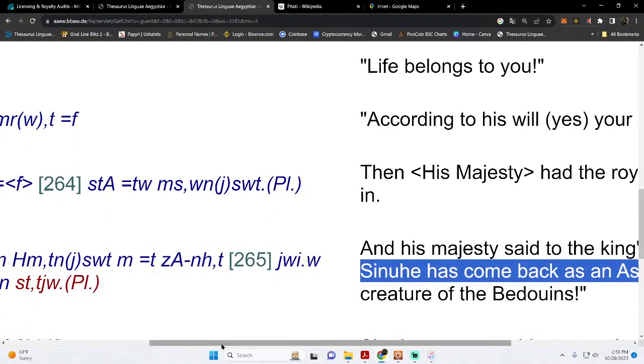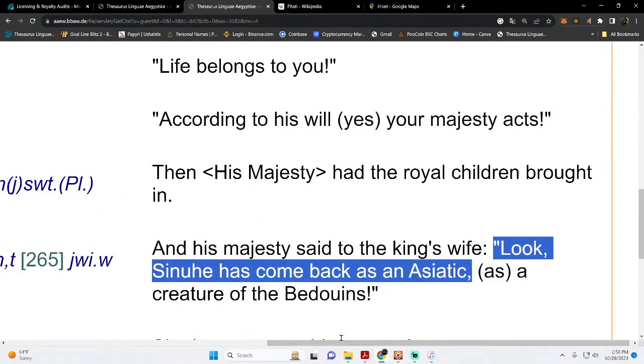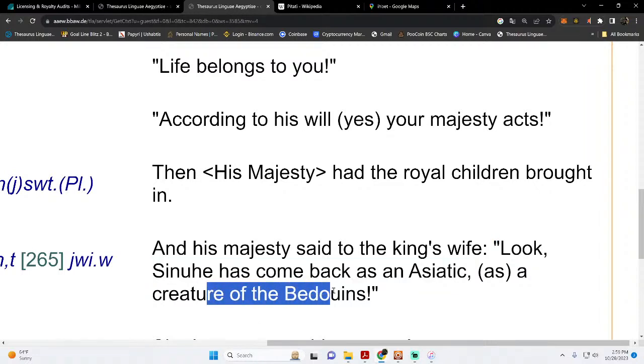Unless you're going to tell me, of course, how do you answer this? And his majesty said to the king's wife, look, Sinuhe has come back as an Asiatic, as a creature of the Bedouins.